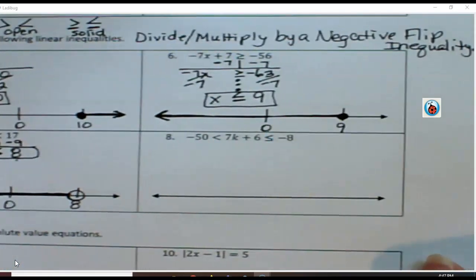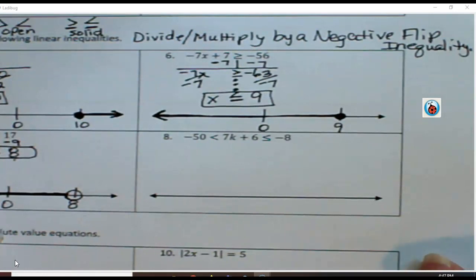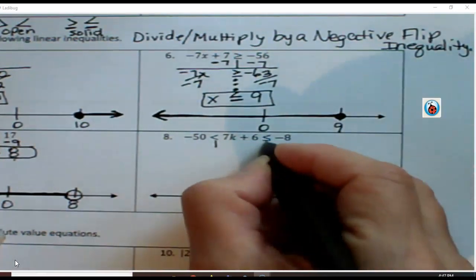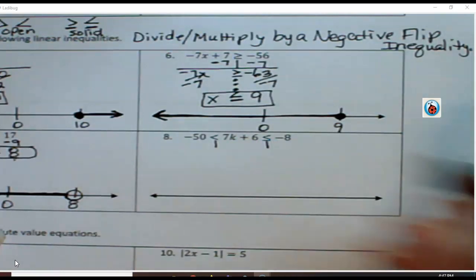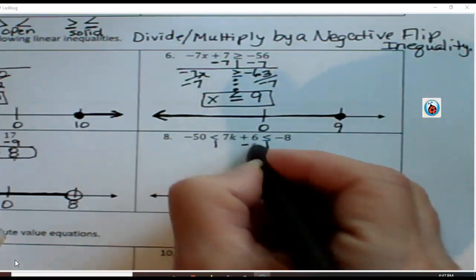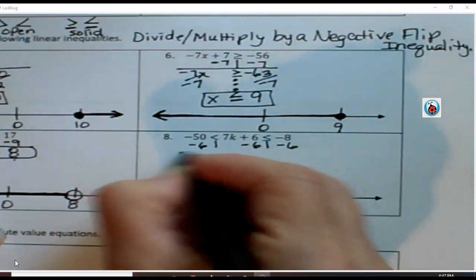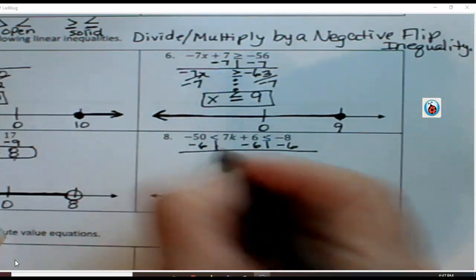Okay, number 8. All right, again, this is an and. You know it's an and because there's 2 inequalities here. So we're going to work from the middle out. So you're going to subtract 6 in 3 places.